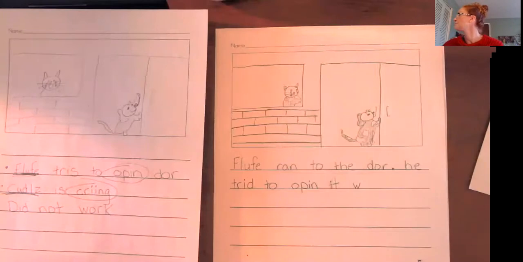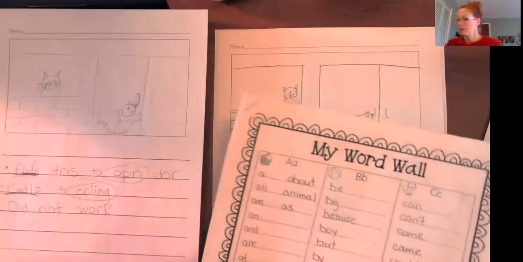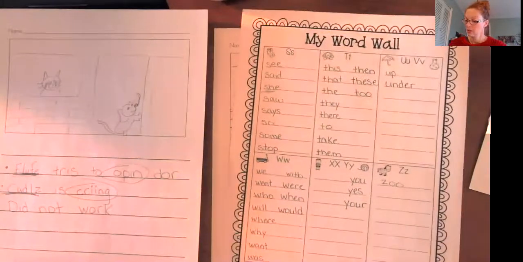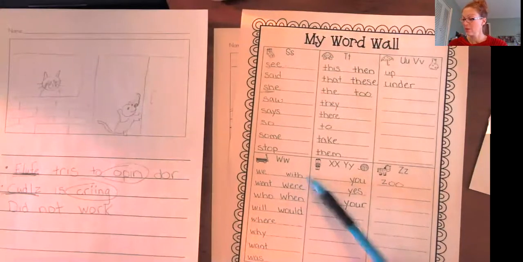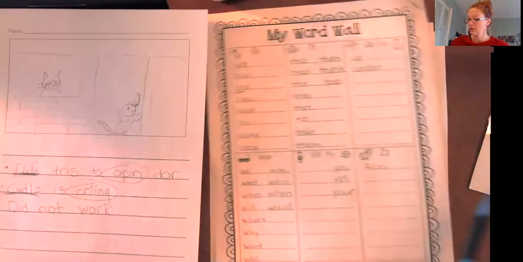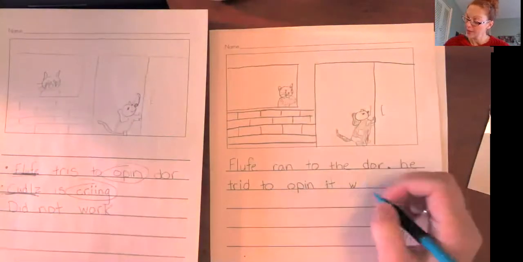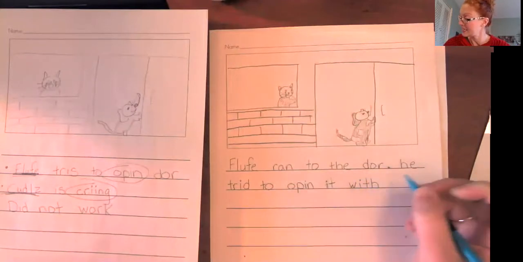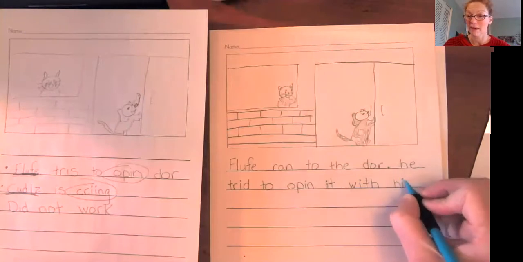That's not it. I found it finally. With is a W. We went, who, will, where, why, want, was, with, right there. All right. You try to open it with his, is a power word.